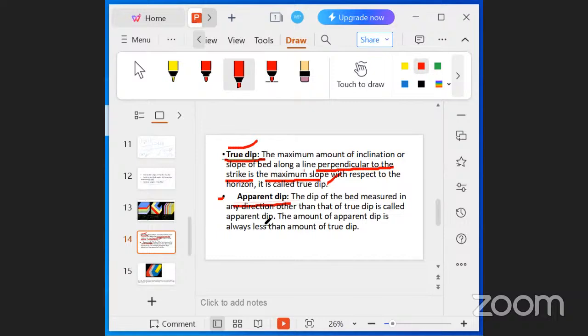And apparent dip means the dip of the bed measured in any direction other than that of true dip.